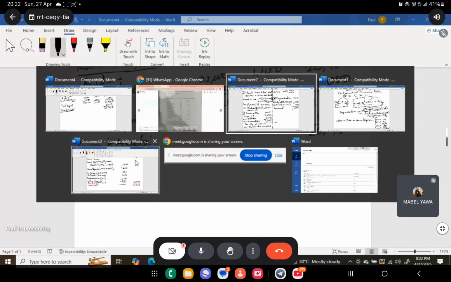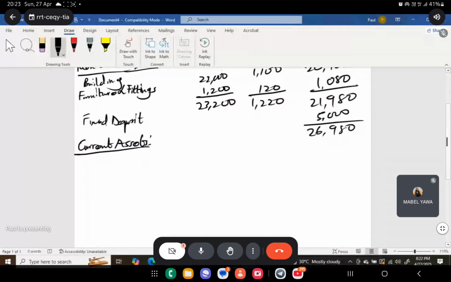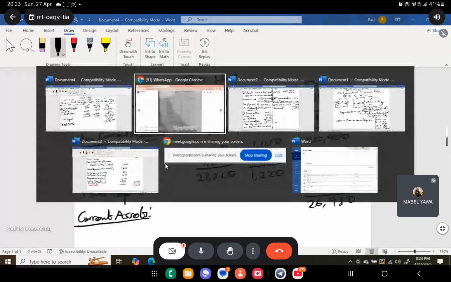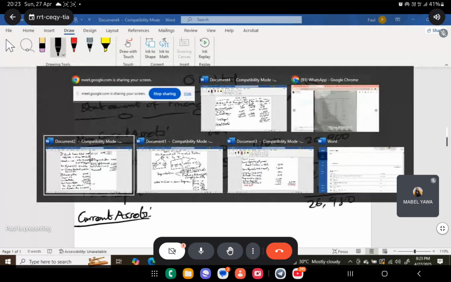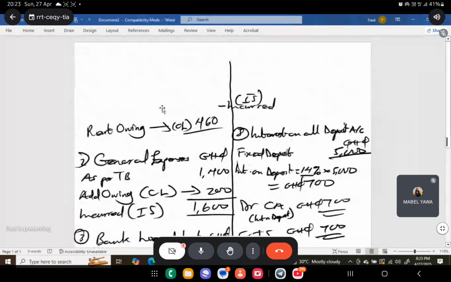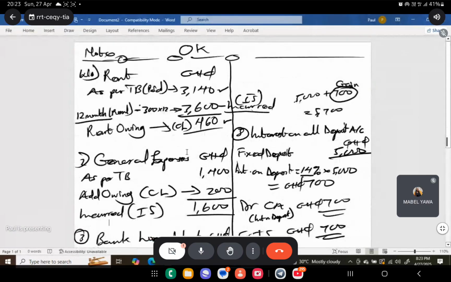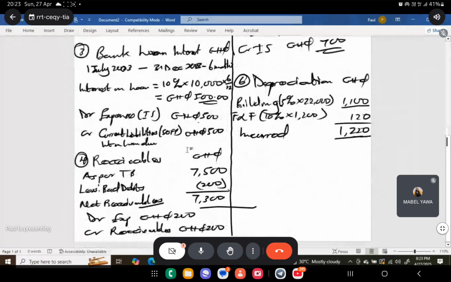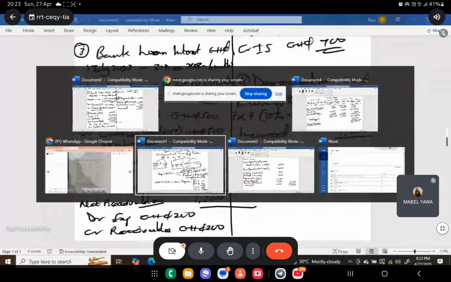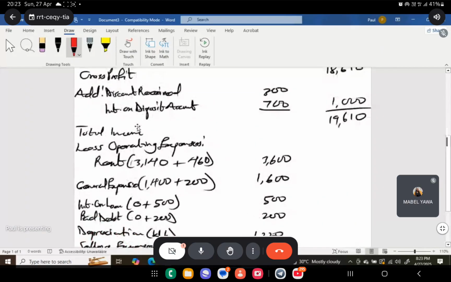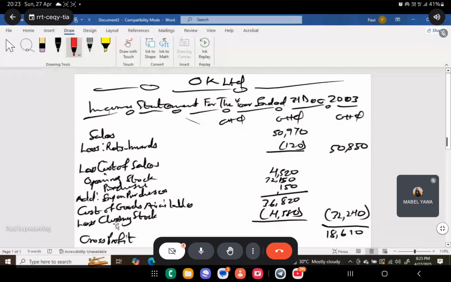The first current asset is the closing stock we treated here, of 4,500.